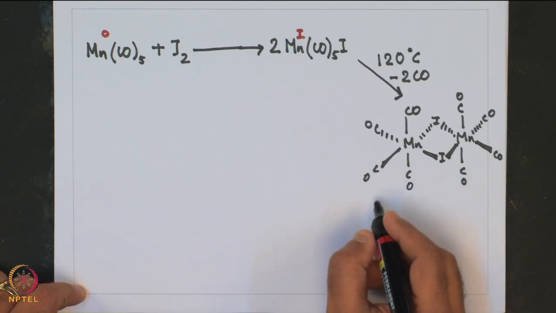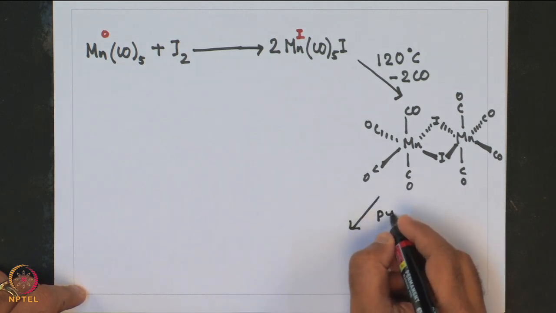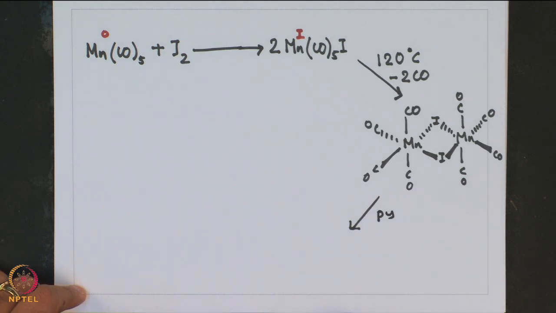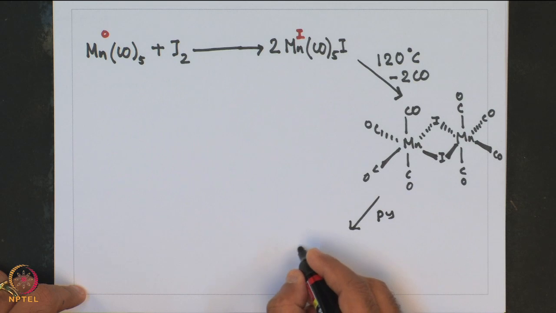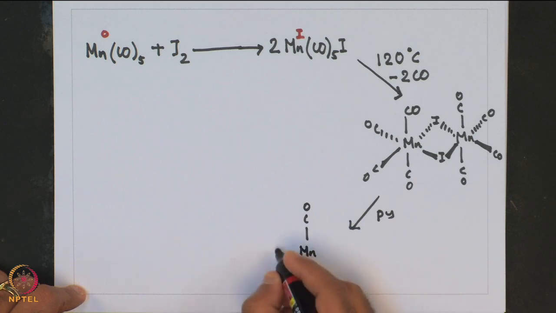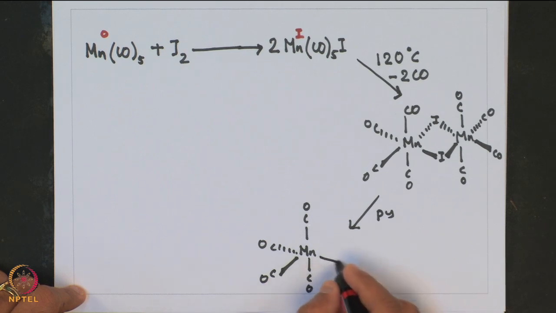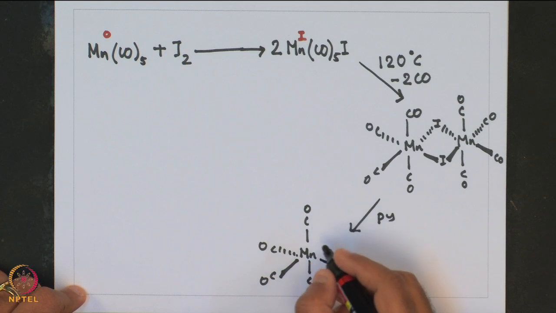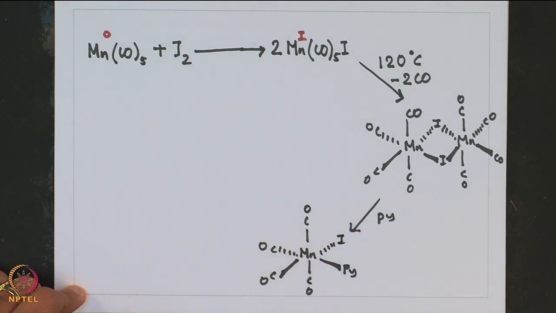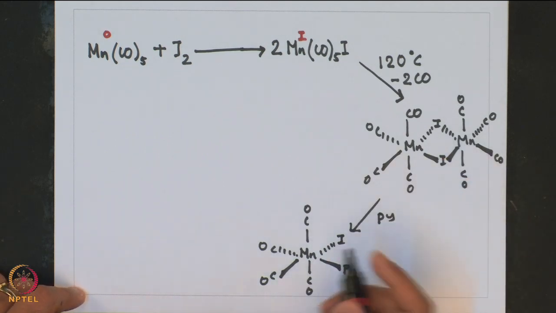Now, in presence of pyridine, the dimeric bridges of iodine are broken to give the monomeric complex Mn(CO)4(py)I. So, here this iodine bridge is broken and is replaced by pyridine.